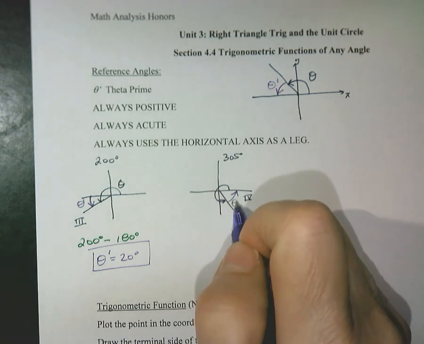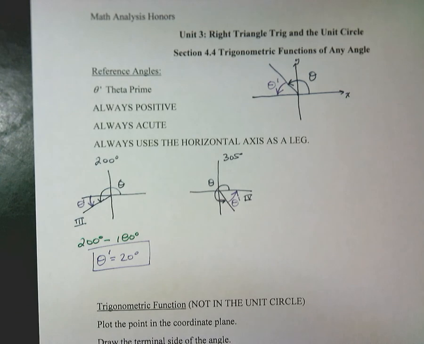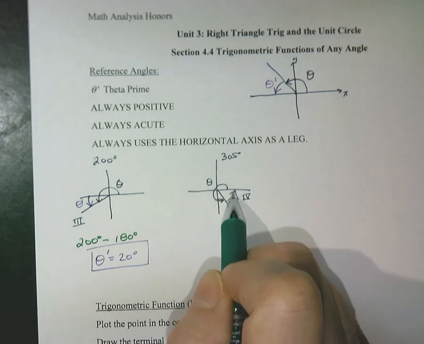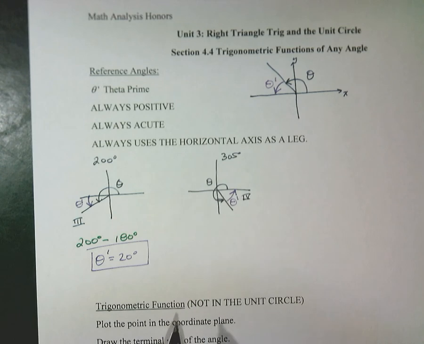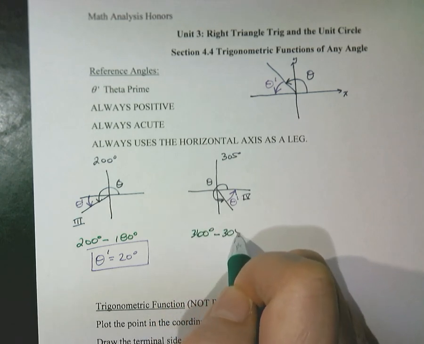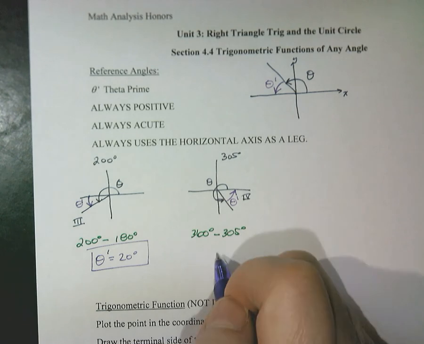This is my theta prime, and that was theta. I want to find the measurement of theta prime. I've got 305 degrees, but this distance would have completed 360 degrees. So I take 360 degrees and subtract 305 degrees, and I get 55 degrees.